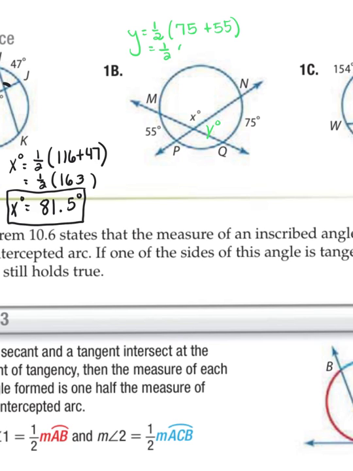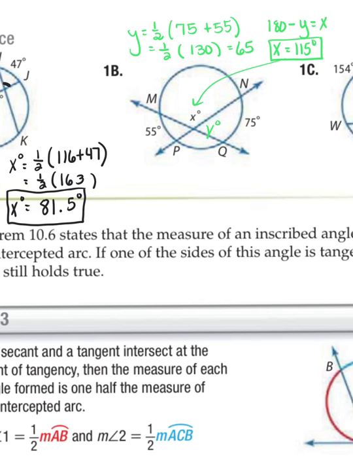So Y is 1/2 of 130, or 65 degrees. If Y is 65 degrees, then to find X, I would just need to take 180 and subtract Y to get X. So 180 minus 65 is 115 degrees. That's one way I could find the X value.